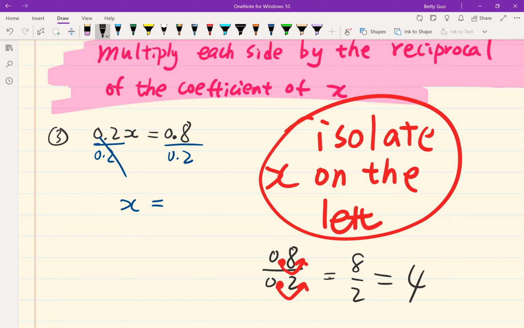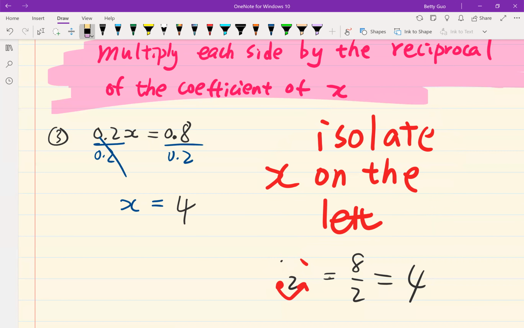You move the decimal point in the numerator to the right one time, you do the same thing to the denominator, and the fraction still holds the same value as the original. That's number 4. So x equals 4 here.